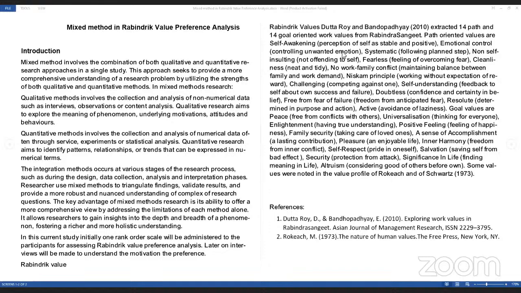And next is the research question. Research question is vital, where you can raise the extent of congruence and incongruence in value preference between the persons.